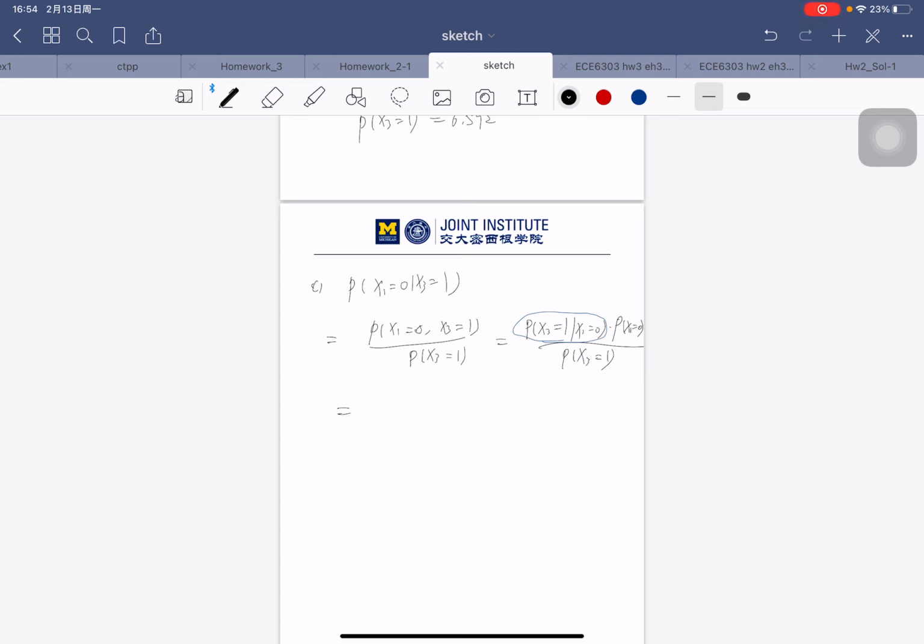So the probability, given x1 equals 0, of x3 equals 1, means we can raise the transformation matrix to the power of 2, and we can know, given x1 equals 0, the probability of x3 equals 1.